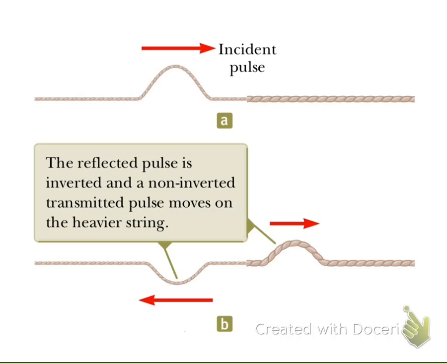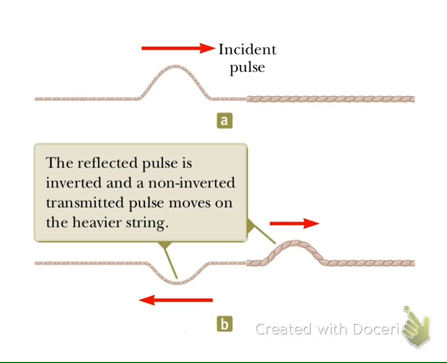Now let us discuss the situation where the pulse passes through media with different density. First, let us look at the pulse that travels in the medium that has a smaller linear density and then passes to the boundary, to the medium that is heavier, with the larger linear density. We can see that this is similar to the case of the fixed boundary.